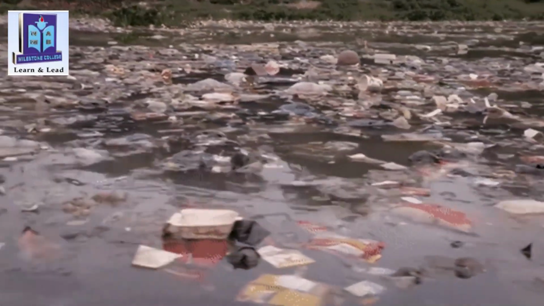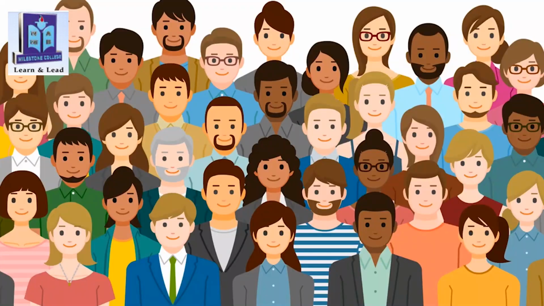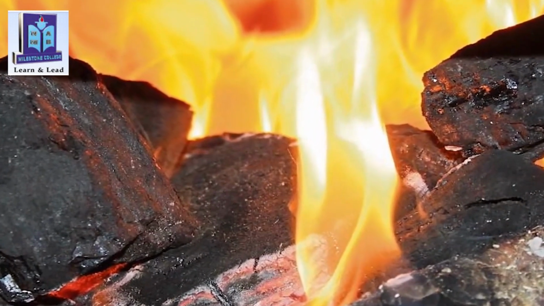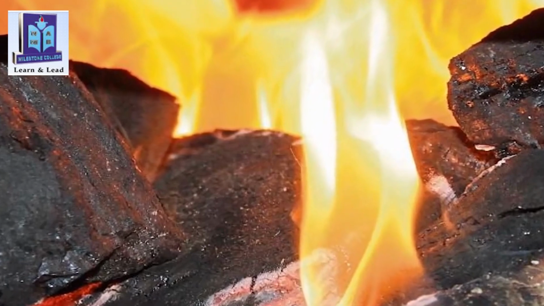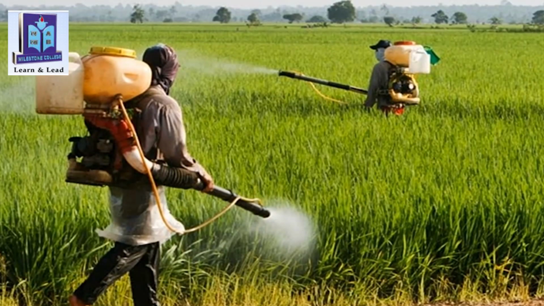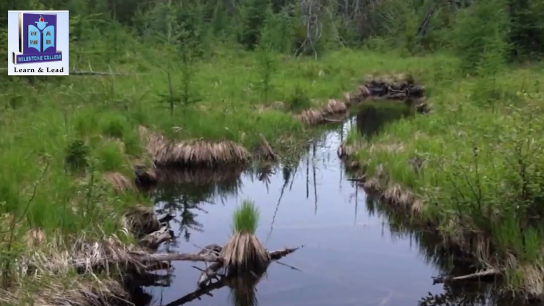Pollutants damage the quality of air, water, and land. Many things that are useful to people produce pollution. Burning coal to create electricity pollutes the air. Pesticides are chemical poisons used to kill weeds and insects, seep into waterways and pollute water.